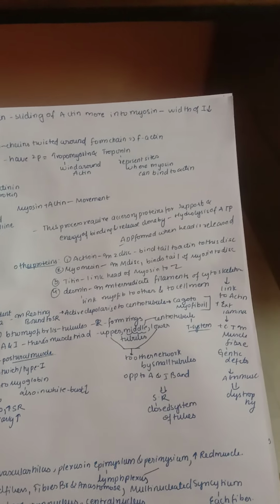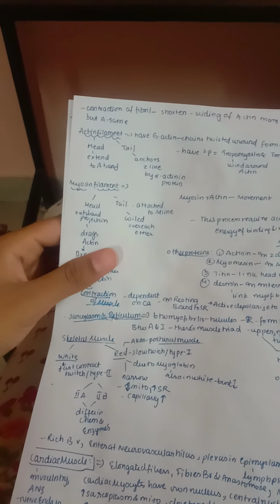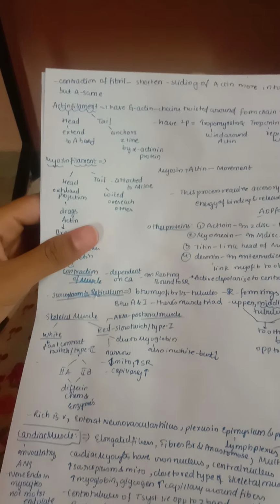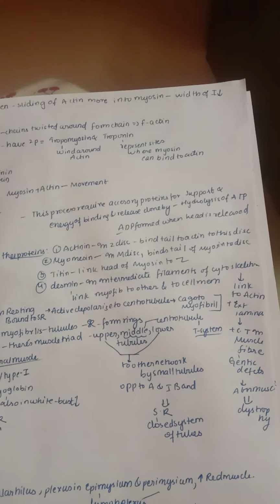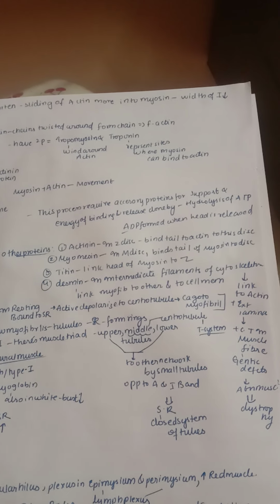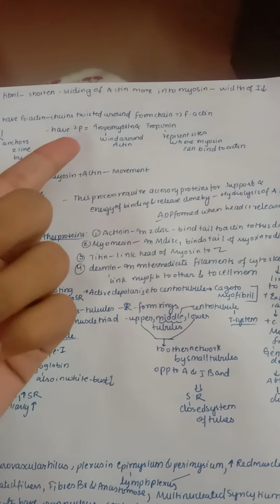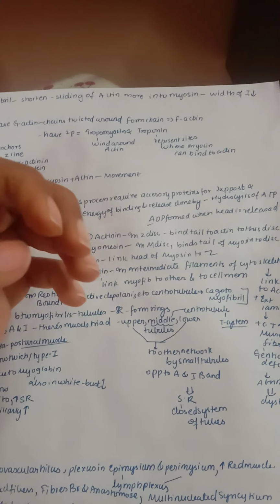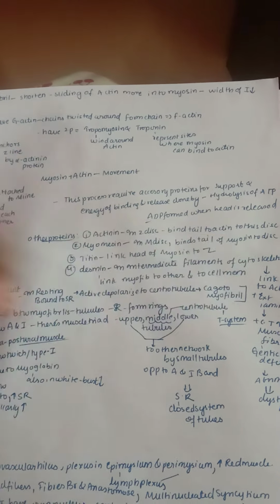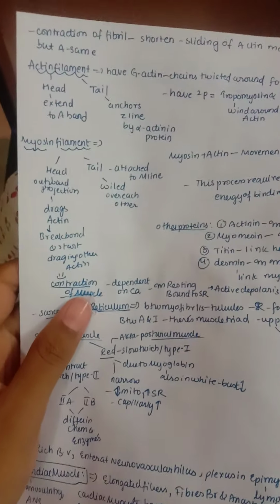That is, the isotropic band is decreasing and the anisotropic band is the same. If you remember, the isotropic band means the light band, so the width of the light band is decreasing because actin is moving more towards myosin, so the width of the thin band is decreasing.